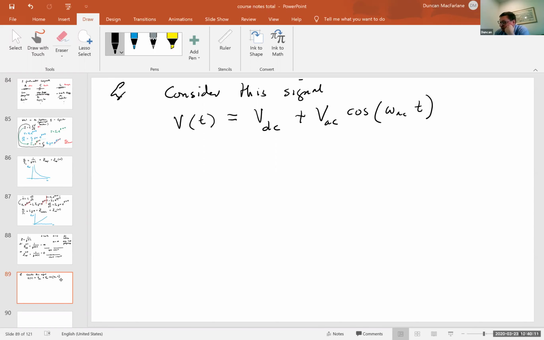And if I plot this, I'm going to have a sinusoid. This is V as a function of time. Have a sinusoid where this value is VDC, and this value here is VAC.